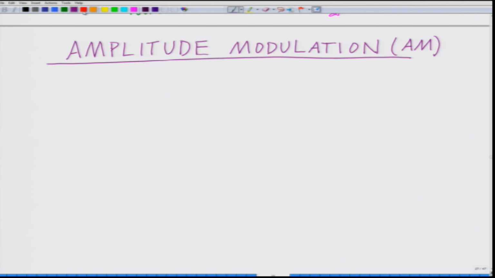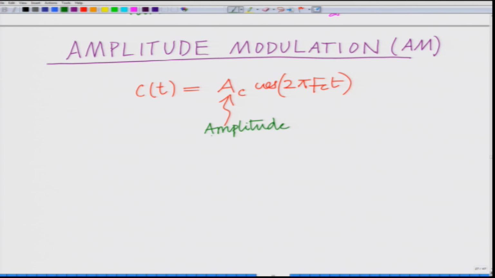Let us denote this carrier signal by c(t), which is A_c cosine 2 pi f_c t. A_c is the amplitude of the carrier, and f_c is the carrier frequency.